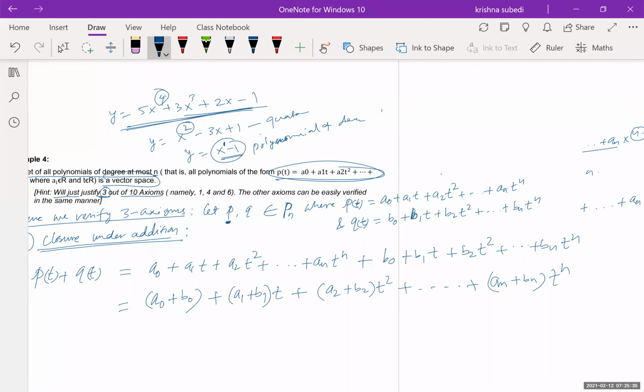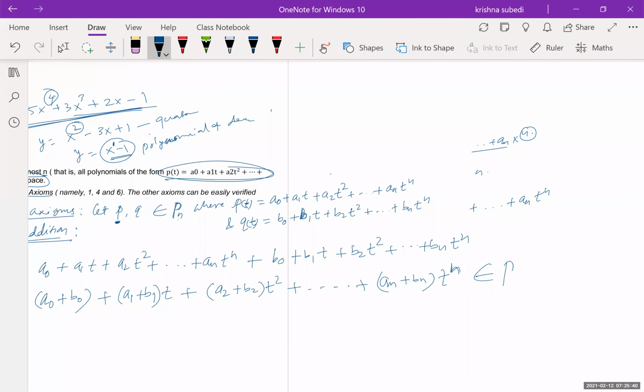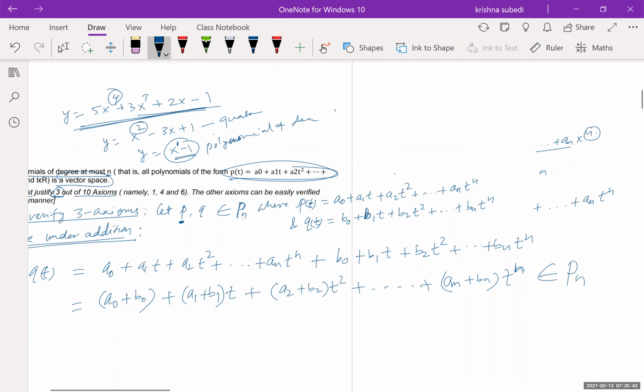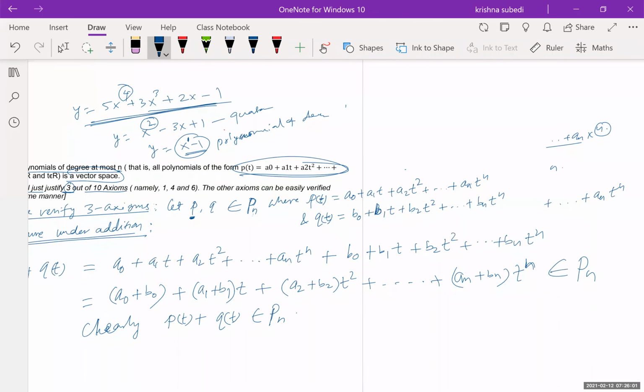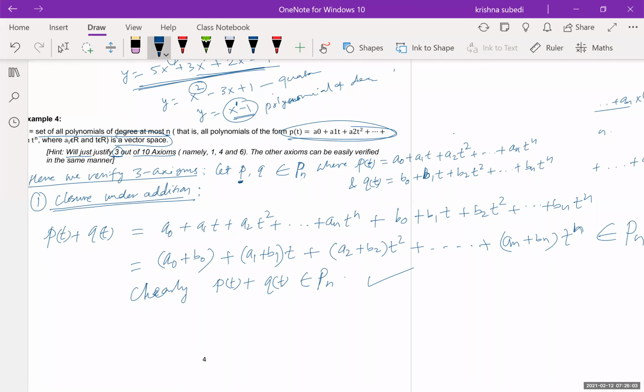And clearly, this belongs to Pn, right? Because this is also a polynomial of degree n. The coefficients may be anything, it doesn't matter. Clearly, p of t plus q of t belongs to polynomials of degree n. So condition 1 checks. Closure under addition is done.